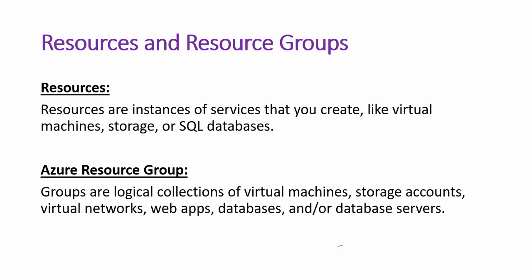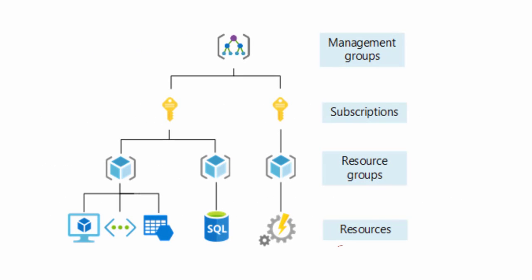Now we move on to our next slide and see how the structure of resource group looks. So this is the structure of the resource group. First of all, we have management groups, followed by account subscriptions, and each subscription will have multiple resource groups.